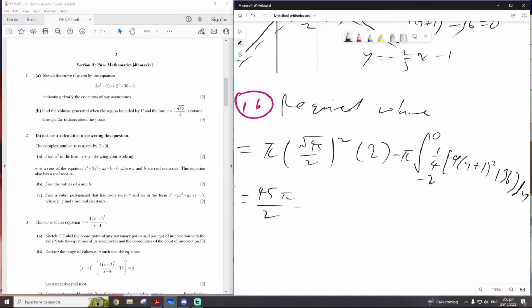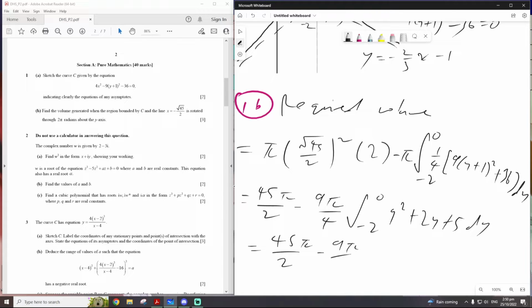Now we factor out the 9 quarter pi, so 9 pi over 4, integrate negative 2, 0. Y plus 1 square, then you will get 4 here. So I'll expand this to y squared plus 2y plus 5. Of course, you can integrate that directly if you want. You get 45 pi over 2 minus 9 pi over 4 y cubed over 3 plus y squared plus 5y, evaluated from negative 2 to 0.